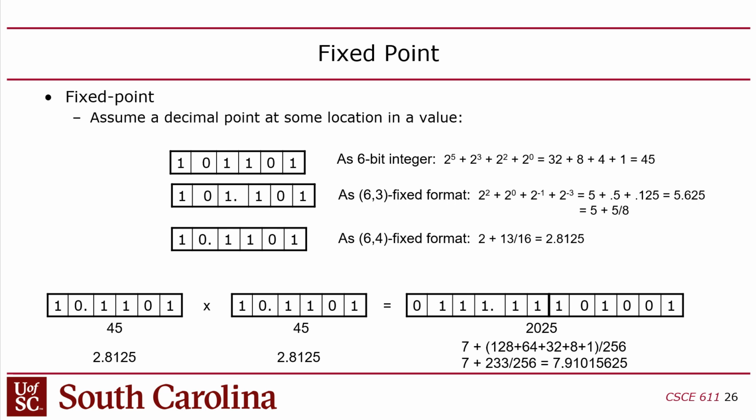So the value associated with bit n, where n is 0 to 31 in RISC-V, normally has a value of 2 raised to the nth power, right? So bit 10 has a value of 2 raised to the 10th power, 1024. We're going to change that now with fixed point, and we're going to change it to 2 to the n minus f power.